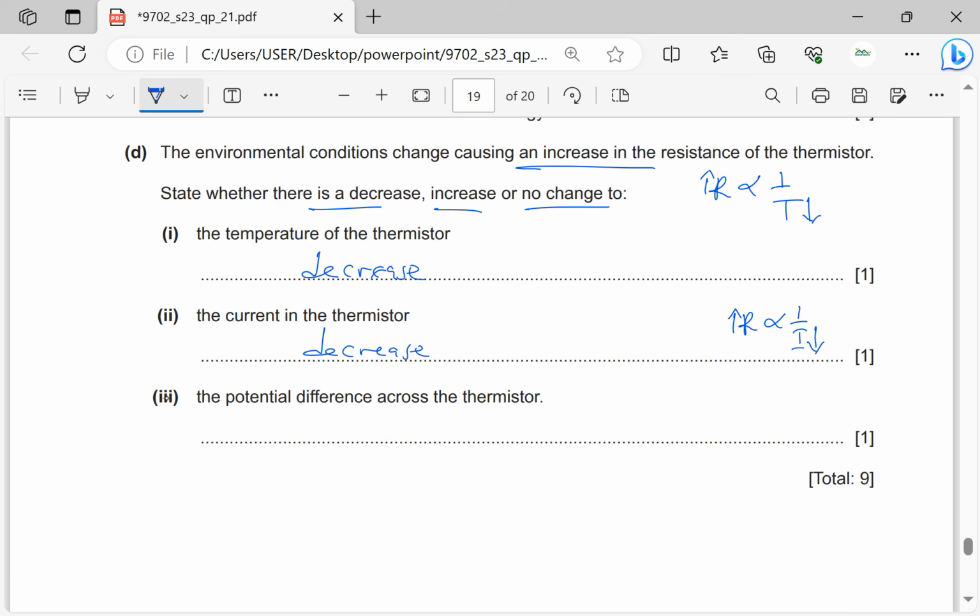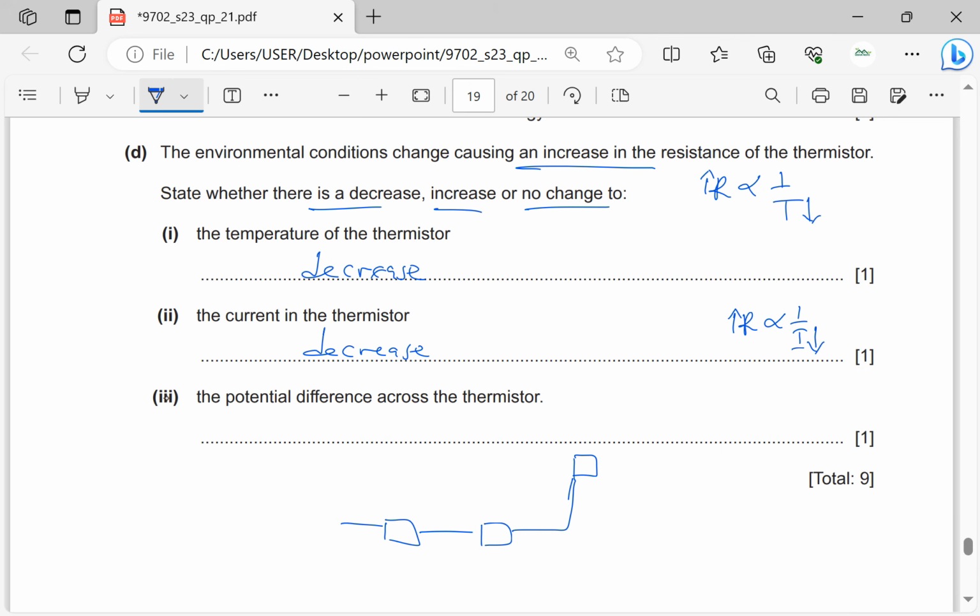Then the PD across the thermistor. Although the total current has decreased, it is the same current through all the resistors: we have the fixed resistor, we have the thermistor, we have the other one.